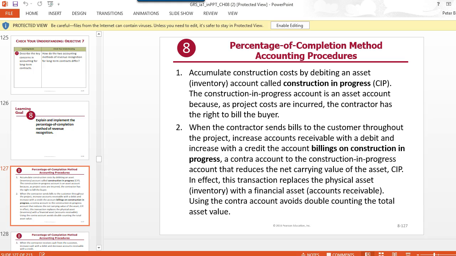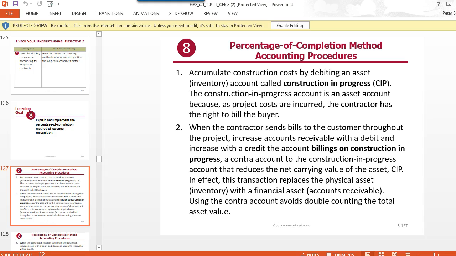So when we report the construction in progress as an asset on our balance sheet, this billings on construction in progress is the contra asset that's going to be netted against the construction in progress to get a net carrying value on the books. It's no different than having fixed assets such as machinery and equipment.